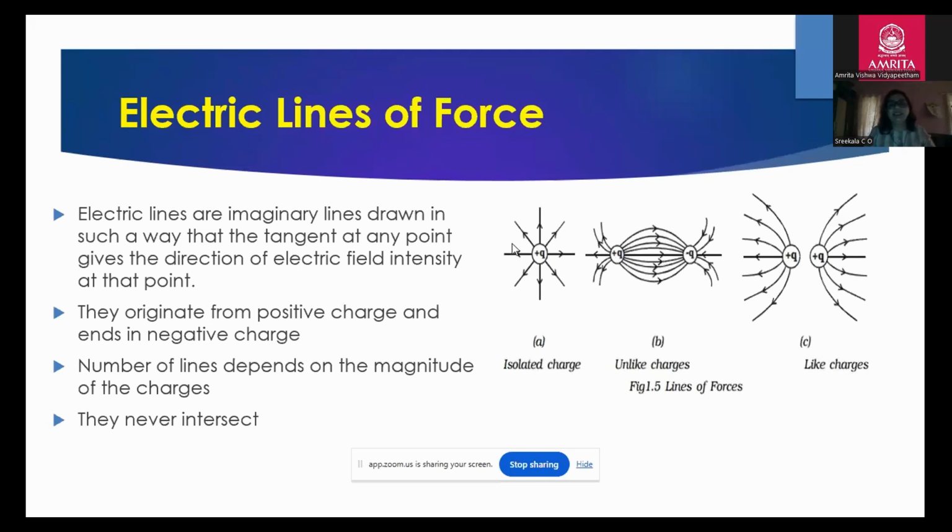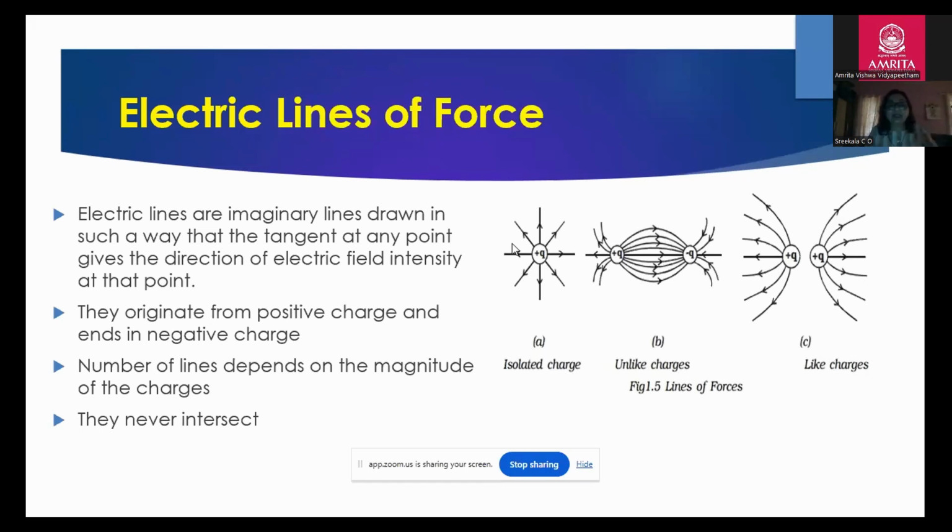These lines never intersect. If they intersect, there will be two values for the direction of electric field intensity, which we cannot admit. At one point there will be only one value for electric field intensity. So that's why they never intersect.